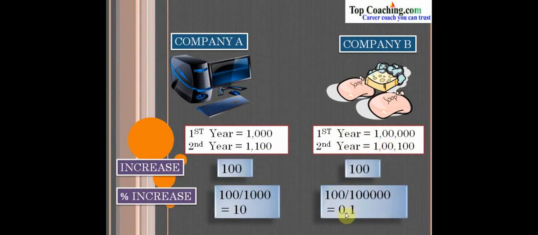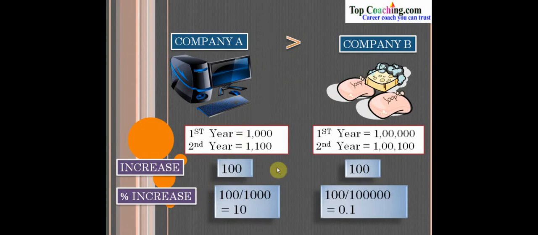So that comes out to be 0.1. So the percentage increase for company A is 10%, and the percentage increase in the number of products sold for company B is 0.1%. Now which is greater? Of course, company A has performed better in terms of increment in the number of products sold.